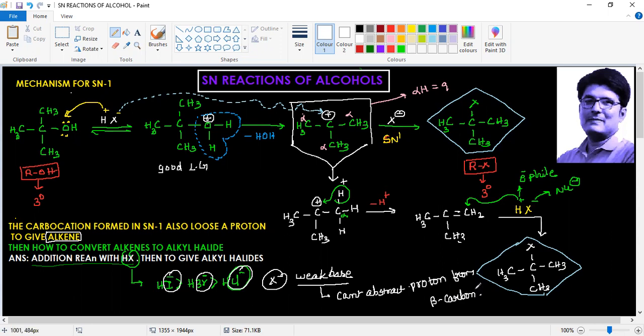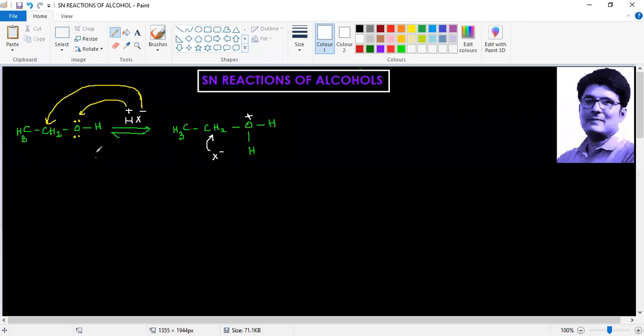Clear? Okay, so based on this I can give an example so you can understand. We already learned this example. CH3CH2OH reacts with a reagent like HX.